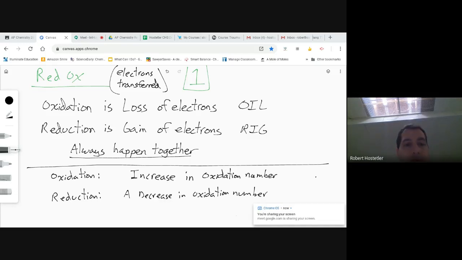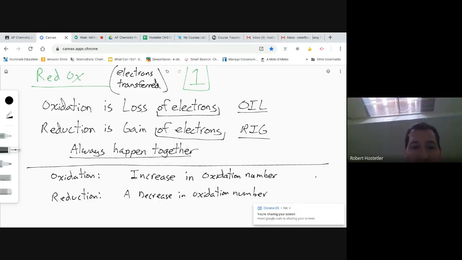So the fundamental definition of oxidation reduction has to do with electrons. If you remember this OIL RIG thing, the key is remembering that when you say oxidation is loss, you're talking about a loss of electrons, and reduction is gain, a gain of electrons.